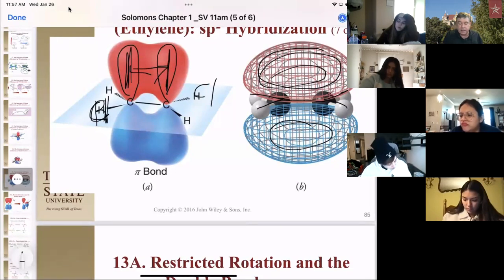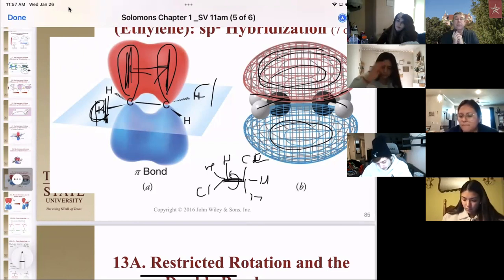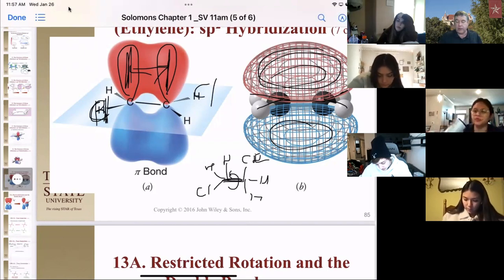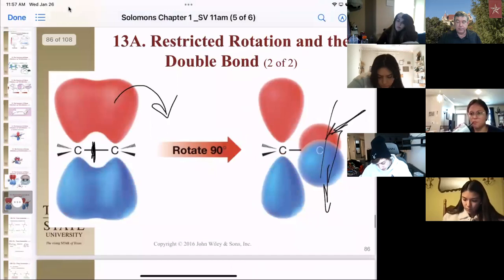If we just had a compound Cl, Cl with hydrogens here, and we just had a sigma bond, we could rotate it around so that those two chlorines were next to each other. We can't do that with a pi bond. It doesn't let you rotate around the double bond.